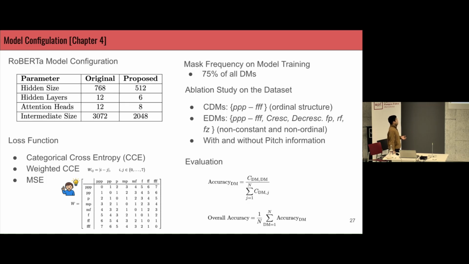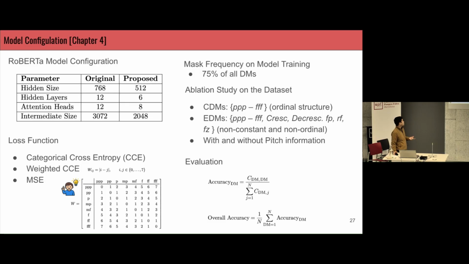For example, a normal masked language model has a dictionary of about 10K tokens, but we only have about 300 tokens. So I had to reconfigure the model size, but it's not clear how to make it smaller. I did some experiments, and the best configuration of this model is this size.